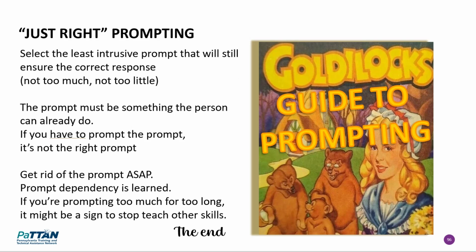So you don't want to give too much prompting for too long, because then the person's only going to be able to do it when they're given prompts. So remember, a prompt is used to teach the person the skill, but if you have to prompt them to use the prompt, it's probably not the right prompt. To be effective, the prompt must be something that the learner can do.